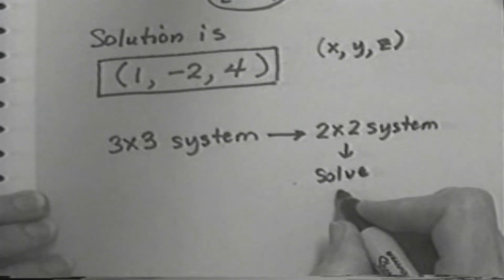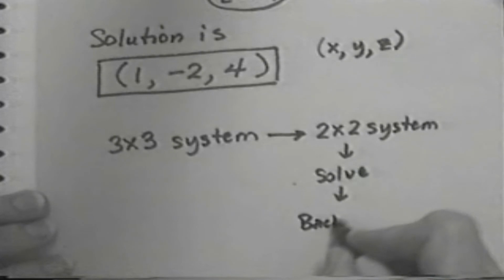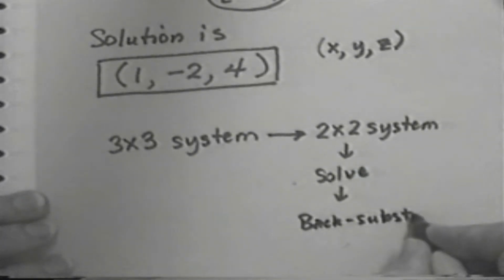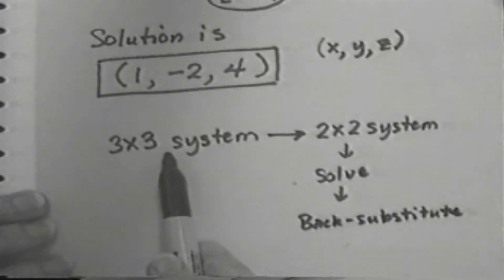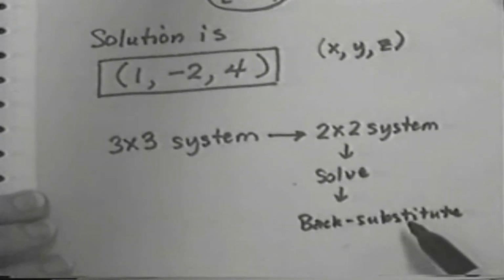Once we solve the 2x2 system, the only thing left is the remaining letter, and so we back substitute. Back substitute to get the remaining letter. From a 3x3 system to a 2x2 system, which we solve, then we back substitute.